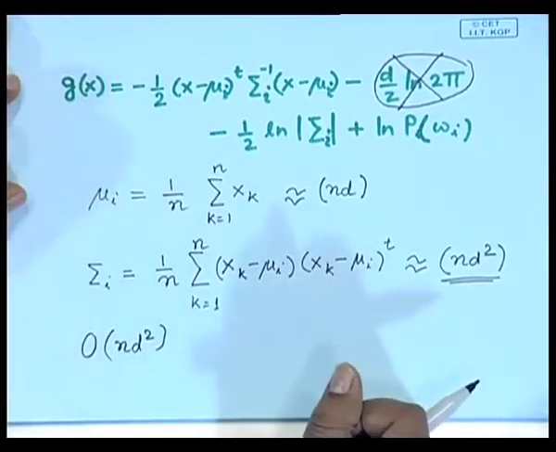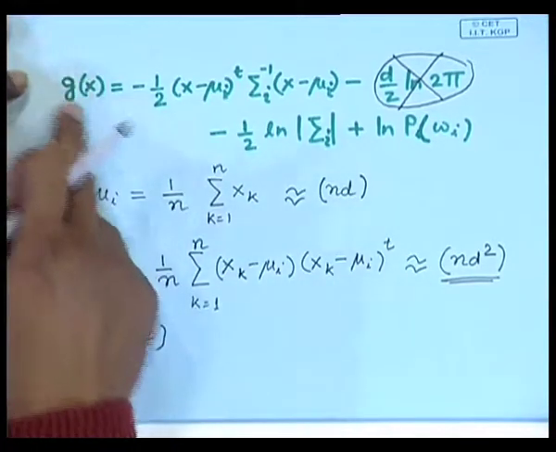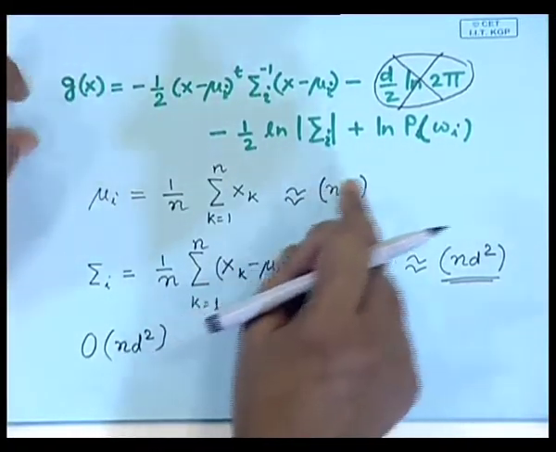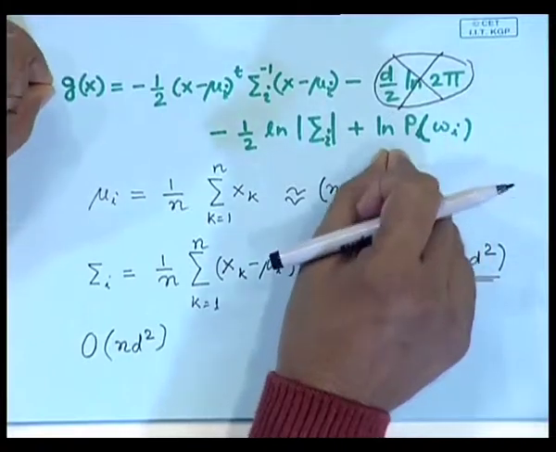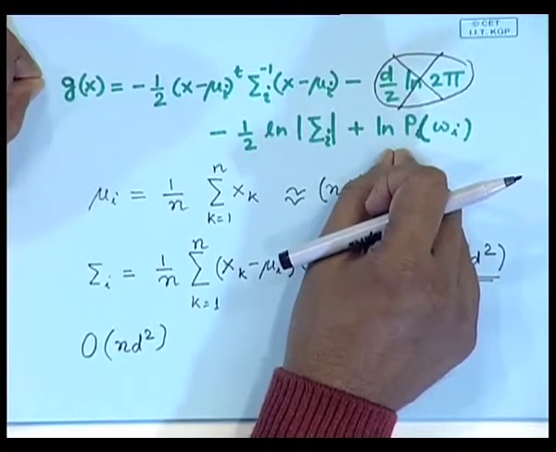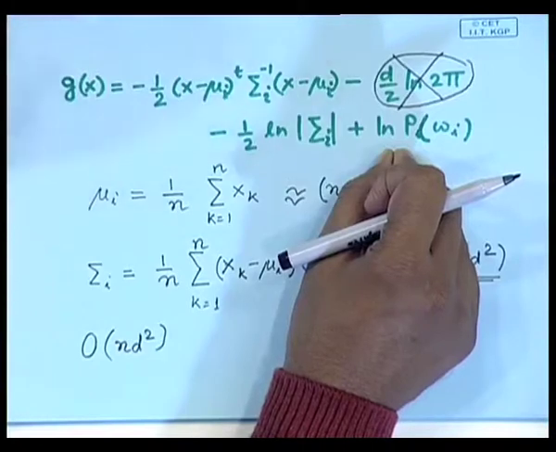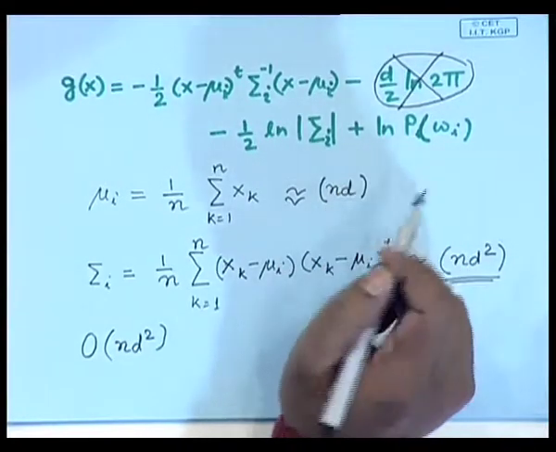Not only that, I have C number of classes. For every class, I have to compute this discriminating function, and then find out which one is maximum. So, before I get the maximum, I have to compute the discriminating function for each and every class.